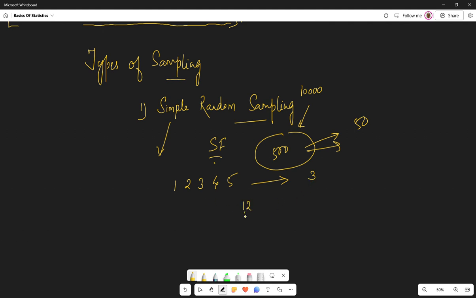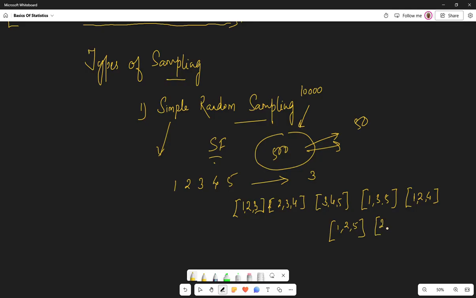So the options with me could be, one sample could be 1, 2, 3, another could be 2, 3, 4, another one could be 3, 4, 5, another one could be 1, 3 and 5, another one 1, 2 and 4, and then 1, 2 and 5, and then I can have 2, 3 and 5, and so on, right?